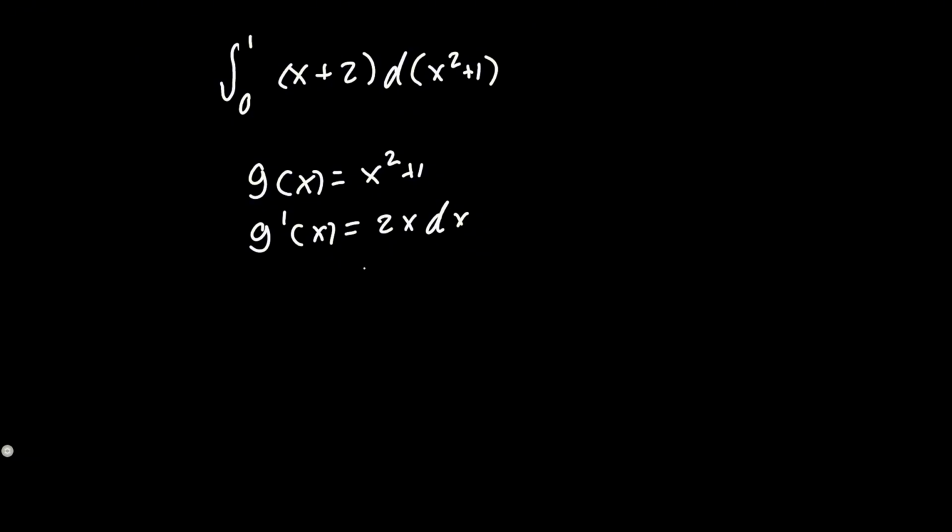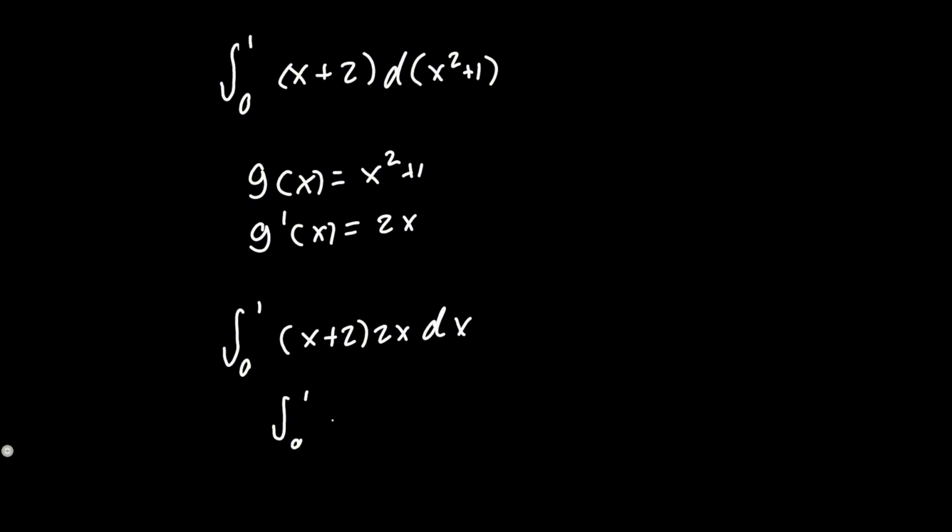So since we now have this g of x, we'll just remove the dx, and we could rewrite our integral as the integral from 0 to 1 of x plus 2 times 2x dx. Multiplying what we have inside, we see that we have just a basic Riemann integral, which we can evaluate.